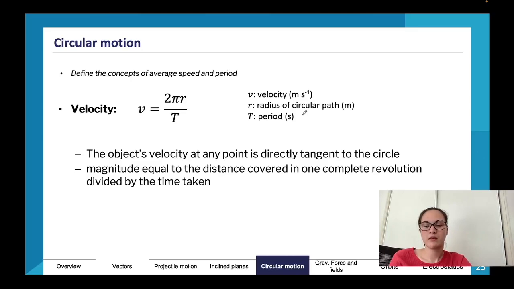And you might do not the research investigation, but an experimental investigation, and you might use circular motion.